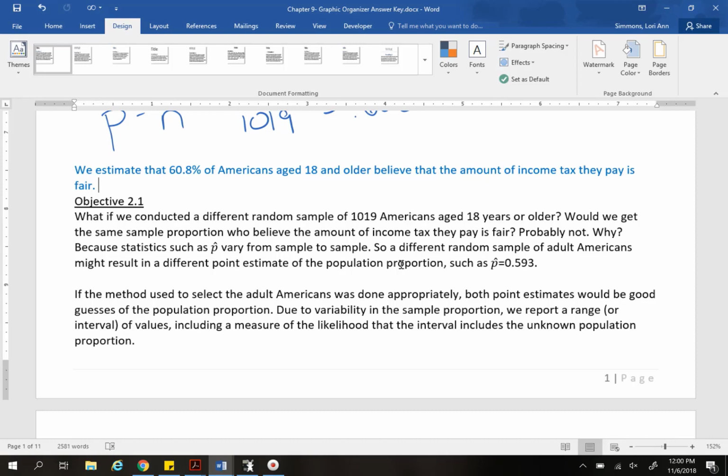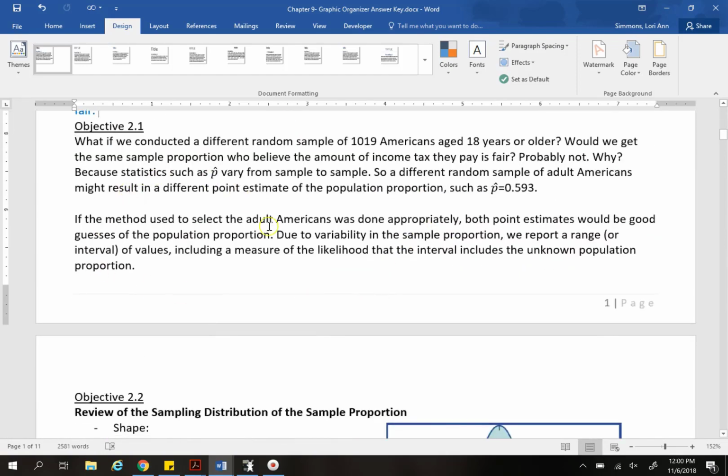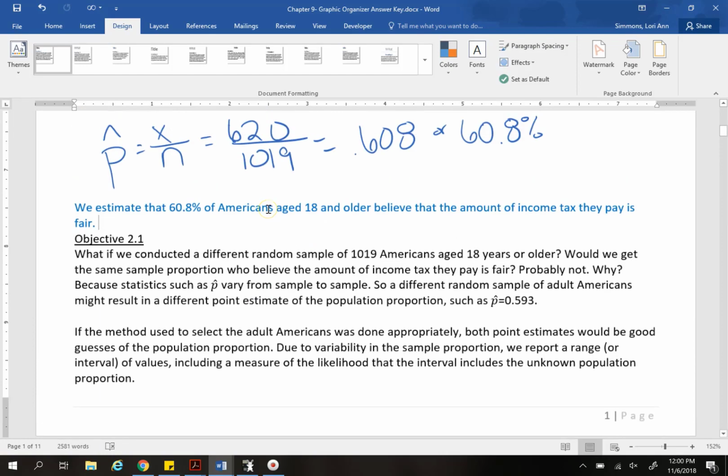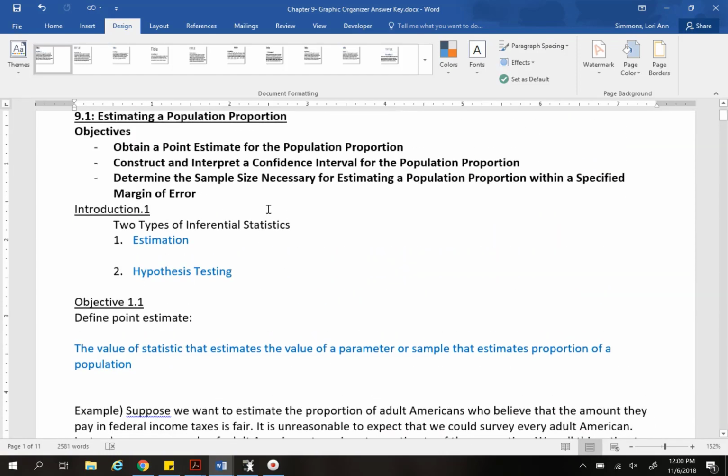Due to variability in the sample proportion, we report a range, or interval of values, including a measure of the likelihood that the interval includes the unknown population proportion. So these two paragraphs were explaining why we report a range instead of just a number.